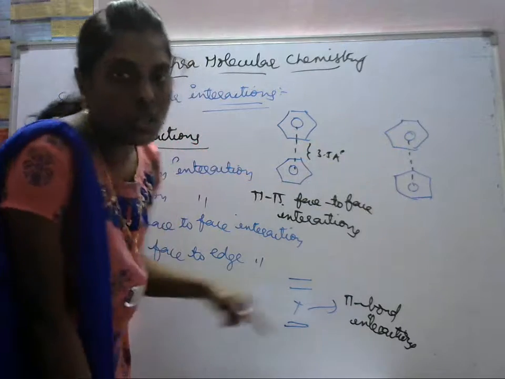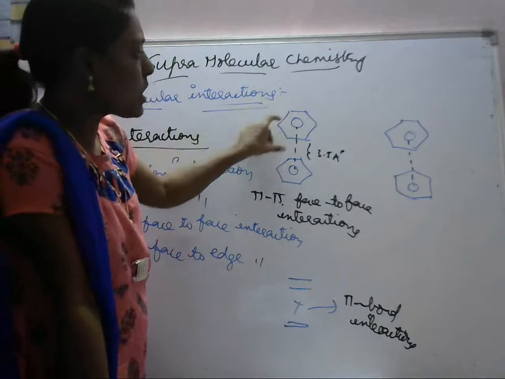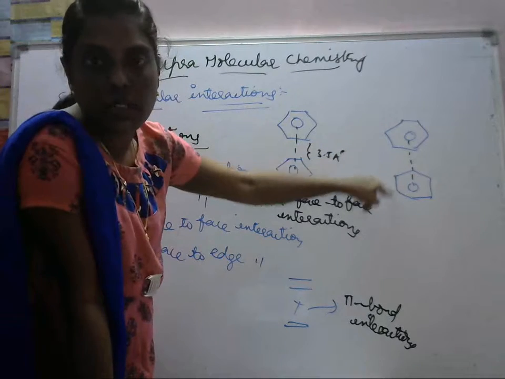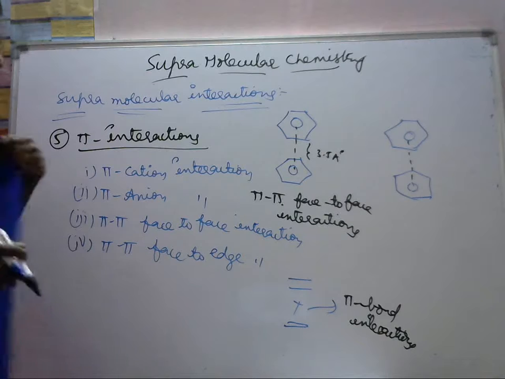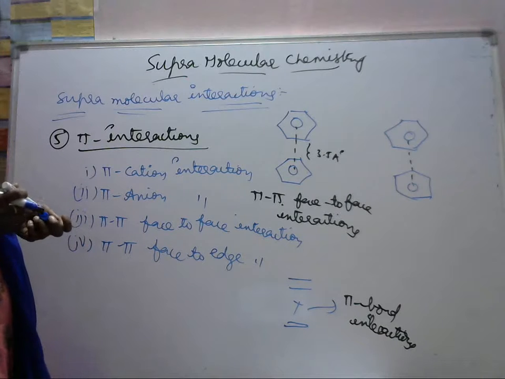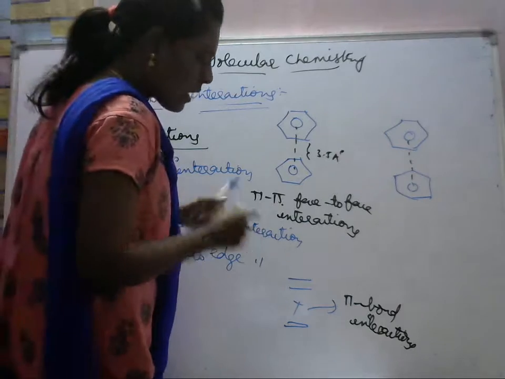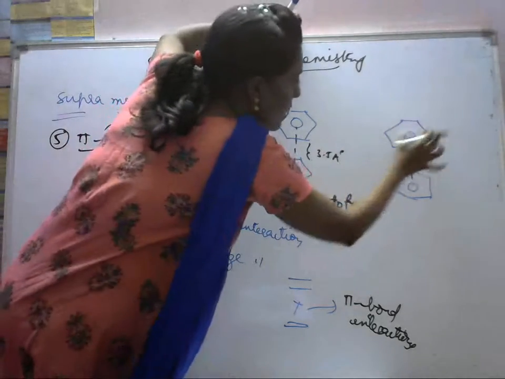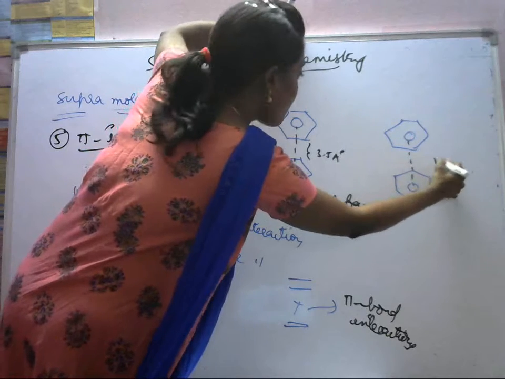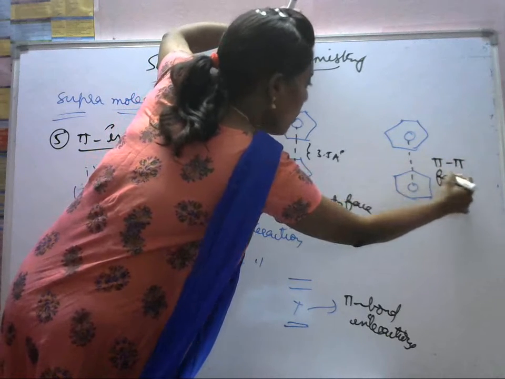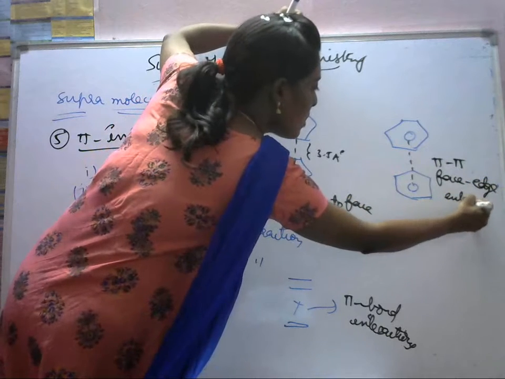So you can clearly observe that this ring's orientation is the same, but here it will be different. The ring orientations are different. So this is called face to edge. This is a face and this is connected to an edge. That's why it is called pi to pi face to edge interactions.